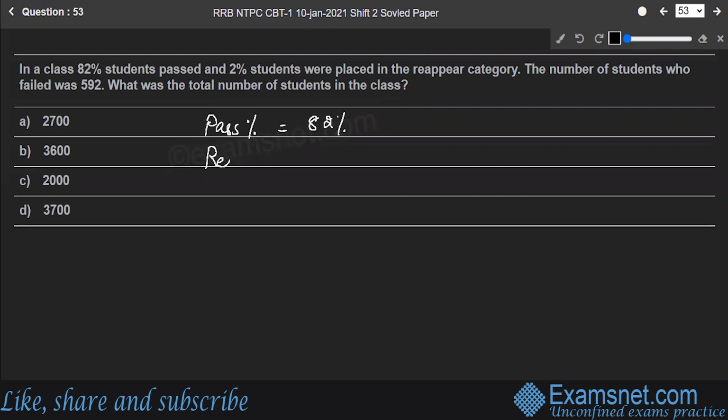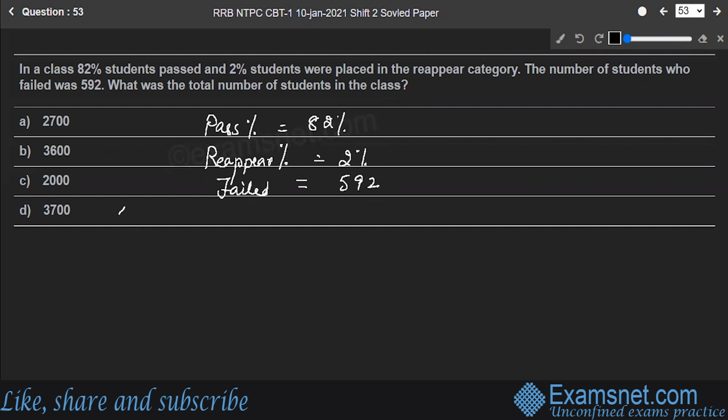Reappear percentage 2%. Failed students 592. One thing, we are given mostly everything.